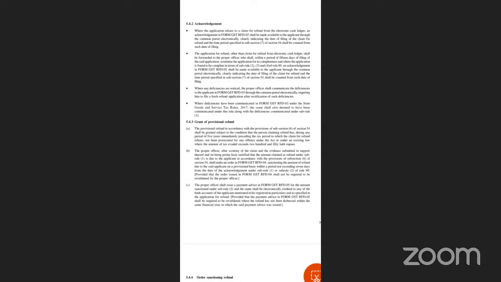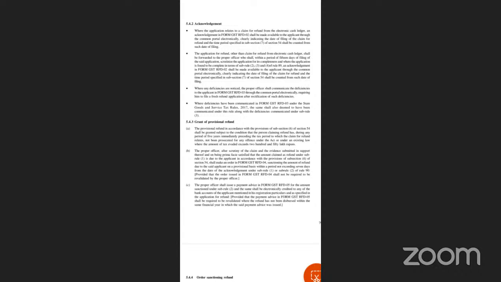Now here also, once again, the proper officer will make an order in form GST RFD 04 for sanctioning the amount of refund due to the said applicant on a provisional basis.